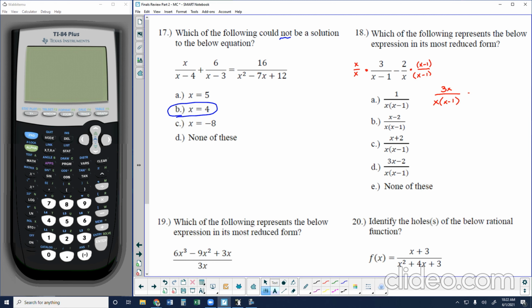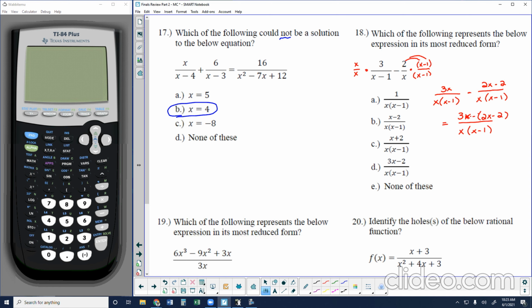While doing so, I'm going to also multiply in the numerators and simplify. I would distribute here and get minus 2x minus 2. Now remember that I'm subtracting the second fraction, so I can combine my numerators. The denominator would remain the same, x times x minus 1, and the numerator would be 3x minus the second fraction's numerator, which is 2x minus 2.